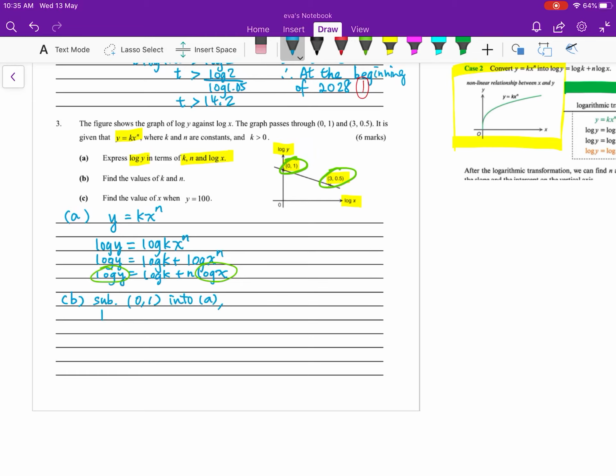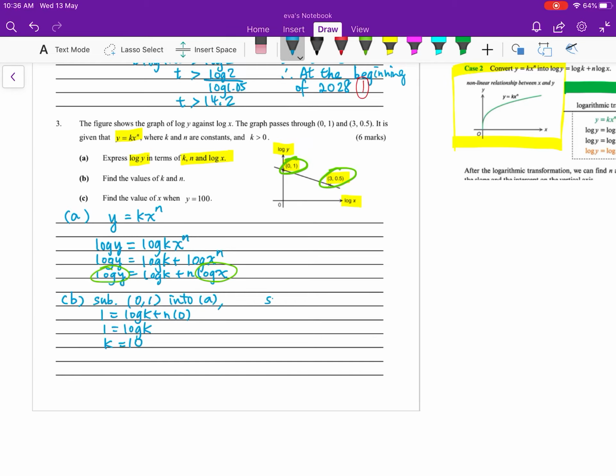So we will have 1 equal to log k plus n times 0. So 1 equal to log k. Therefore, k equal to 10.